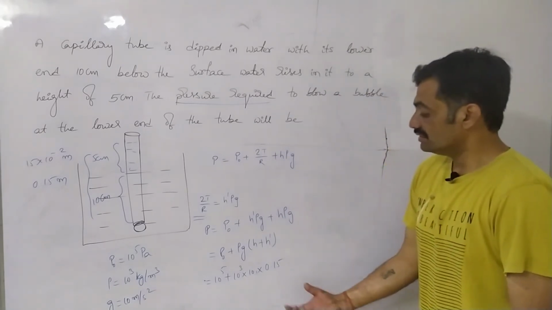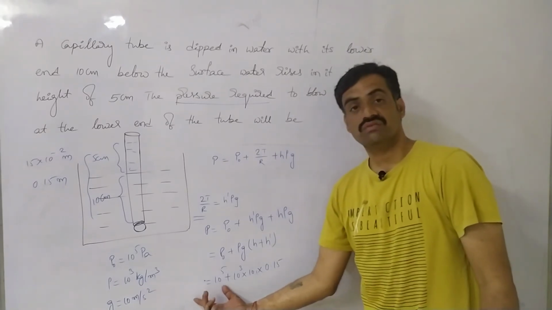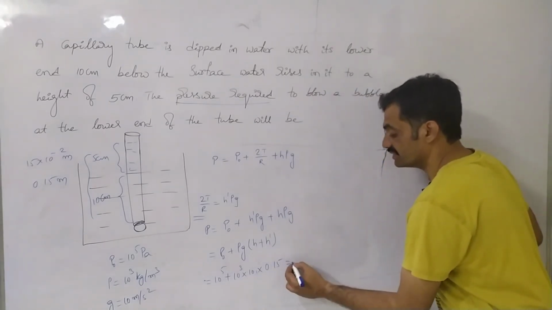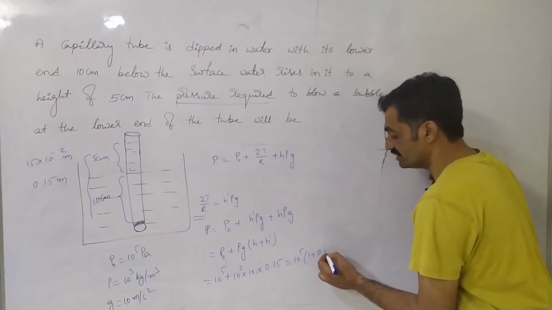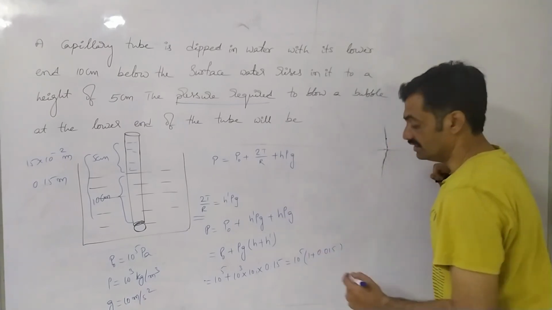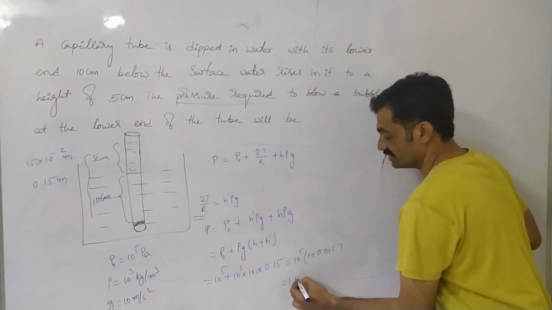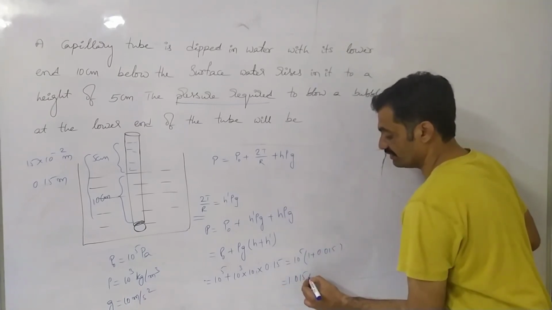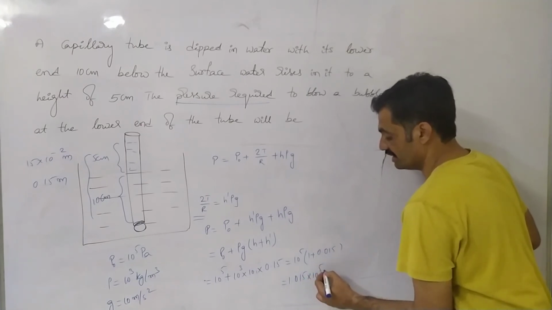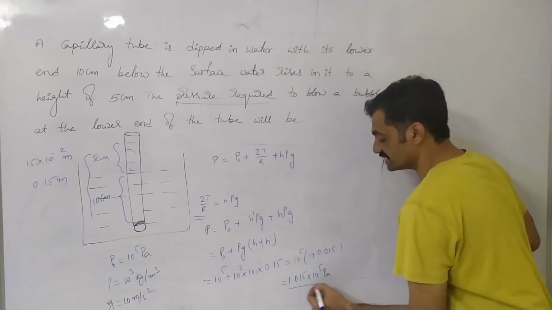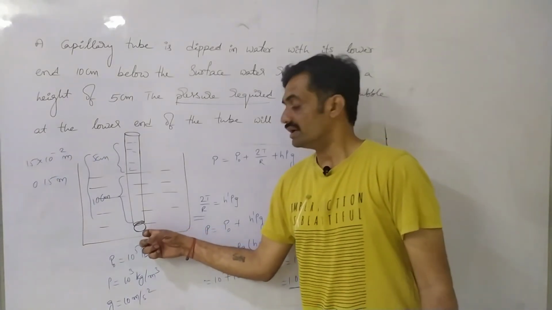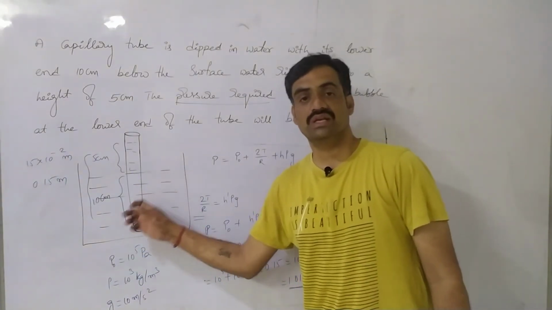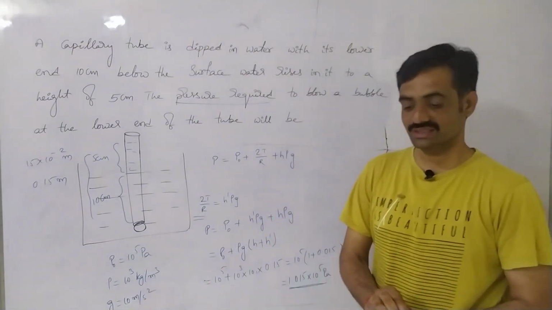Now when we take 10 to the power of 5 as common, the expression can be represented as 1 plus 0.015, or we can represent it as 1.015 into 10 to the power of 5 Pascal. So this represents the pressure acting at this point in order to blow a bubble. Take a screenshot.